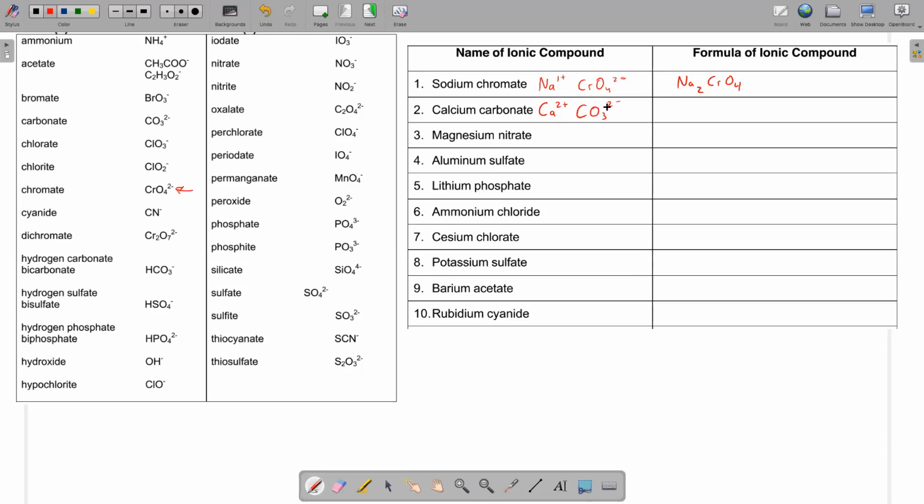And because each of the ions has a charge of 2 plus and 2 minus, you only need one of each. Just the same as whenever you had an ionic compound with 2 monatomic ions with a charge of 2, you only need one of each in order to have a ratio of 1 to 1. It's just CaCO3.